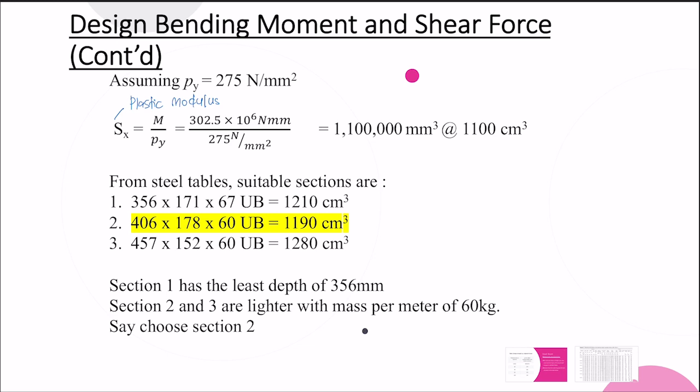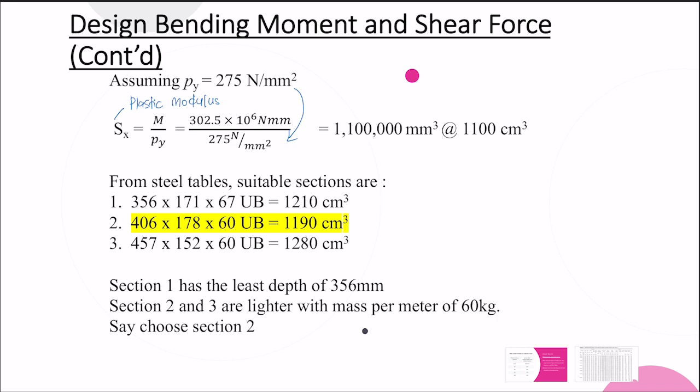So 302.5 multiplied by 10 to the power of 6 to convert to Newton millimeter, and divide by the assumed value of PY. You get 1,100,000 millimeter cube.